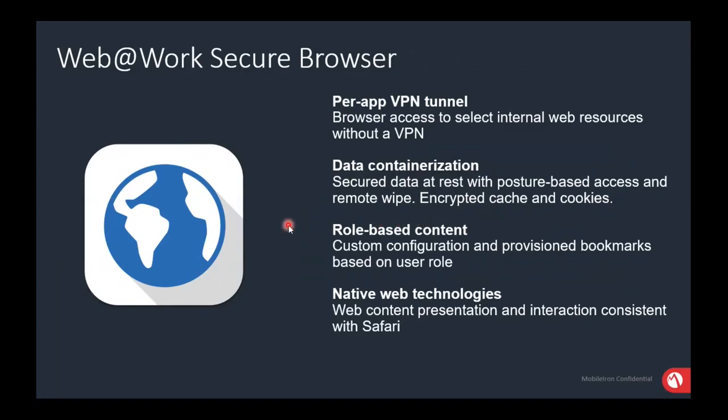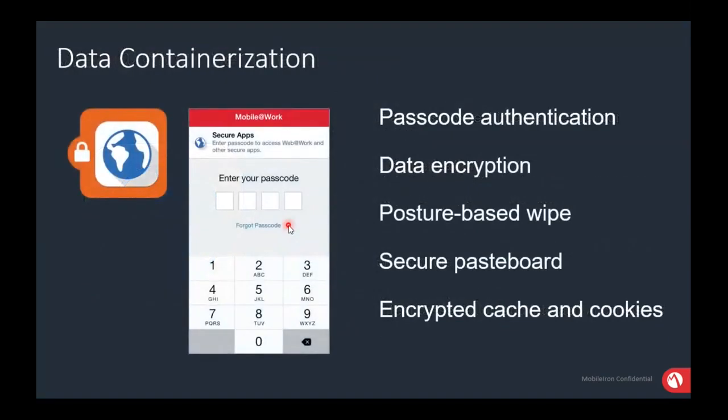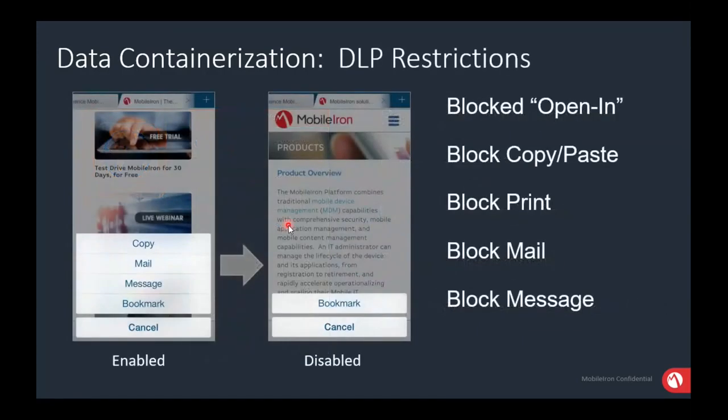You can have a set of bookmarks or a set of VPN configurations pushed for the IT department, and a different set of configurations and a different VPN pushed for the finance or HR department. And like any other AppConnect apps, you always have the secure passcode for opening web@work. You also have the same DLP features you get in other AppConnect apps.